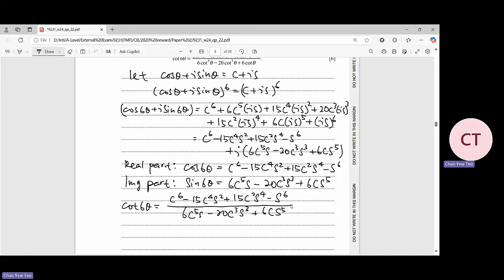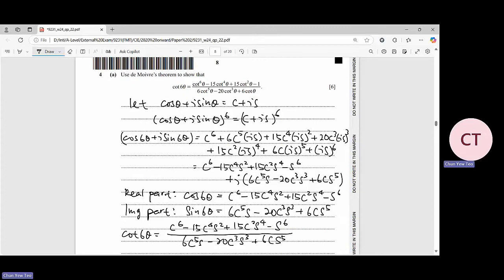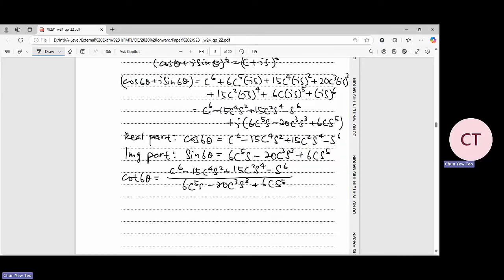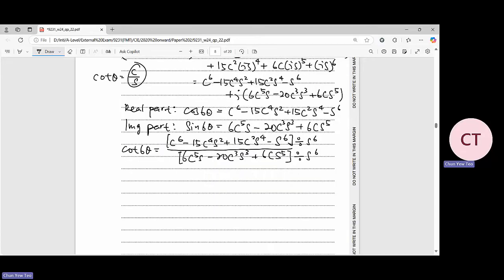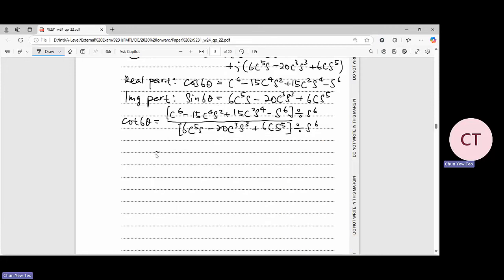Okay, so we have gotten the left hand side. The right hand side, we need to have the answer of cotangent. So we know that cotangent is cos divided by sine, c over s. So what you can do here is that for the numerator, you divide everyone by s power 6. For the denominator, you divide everyone by s power 6. You do the same thing for both numerator and denominator.